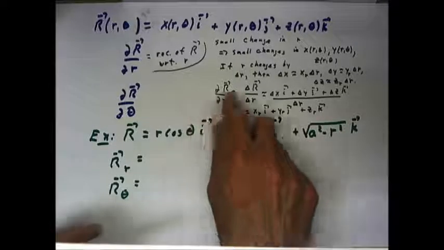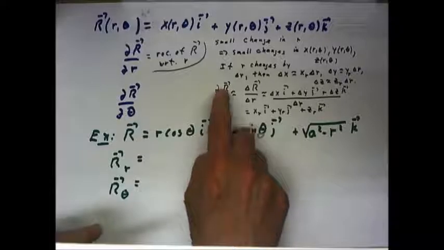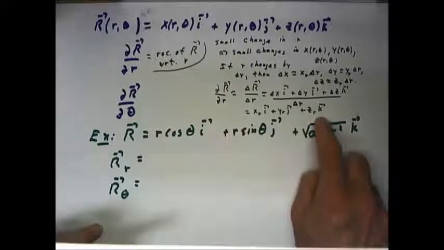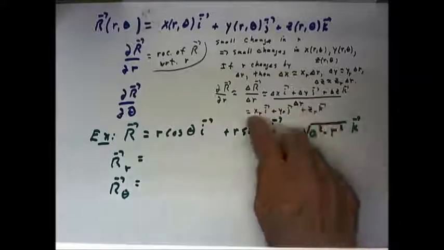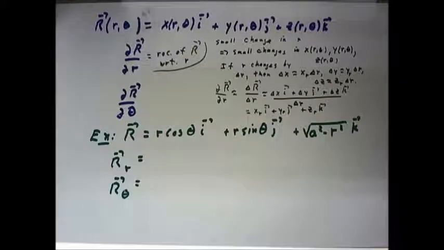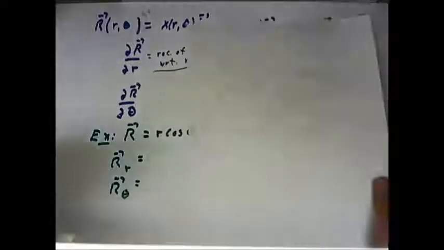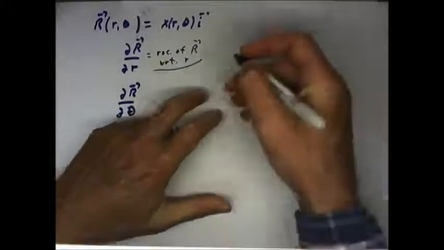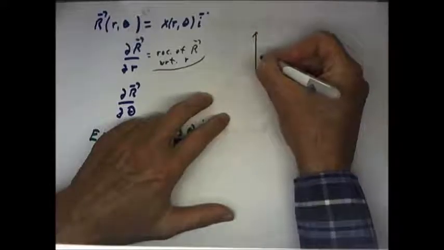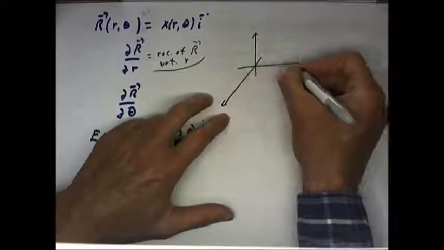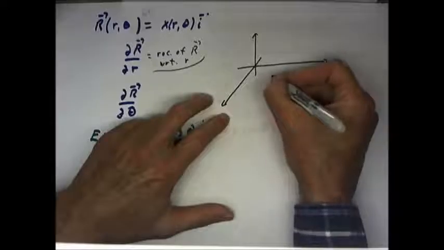Now, that's no surprise. We already know how to take a derivative of a vector function with respect to a variable. But we want to think geometrically about what this is telling us. So let's try to represent this within a three-dimensional plane.